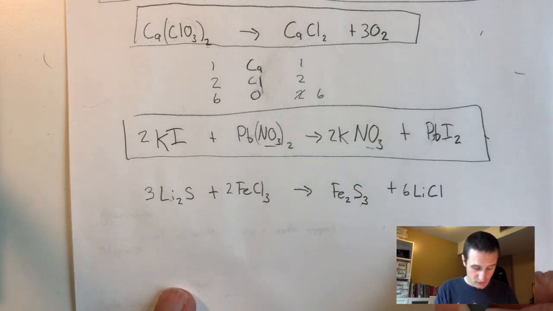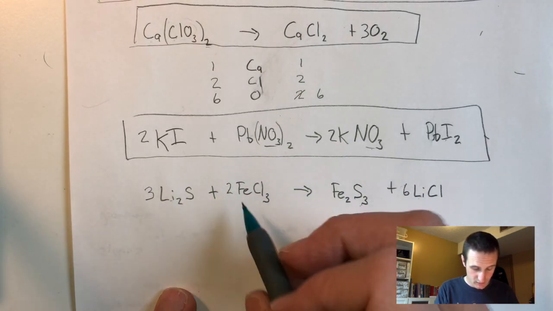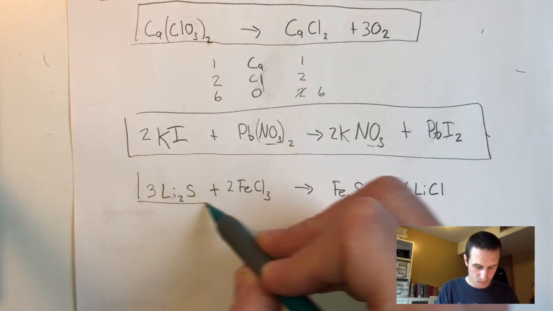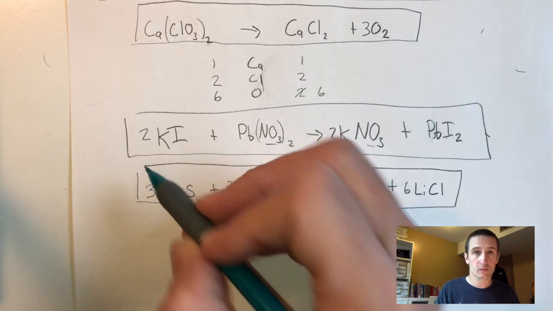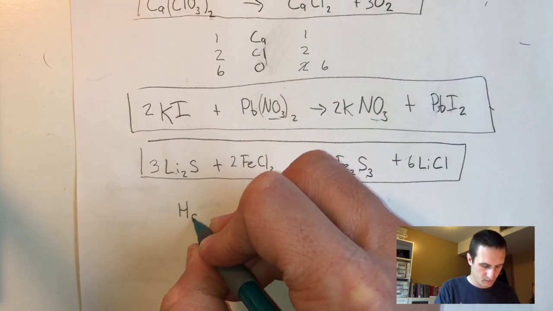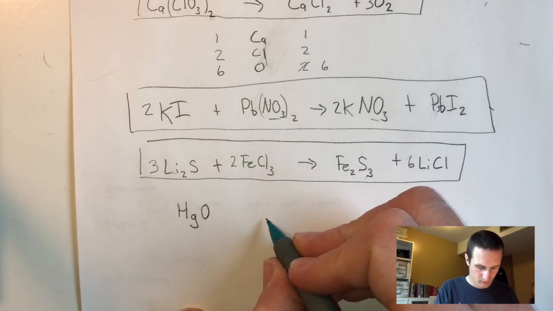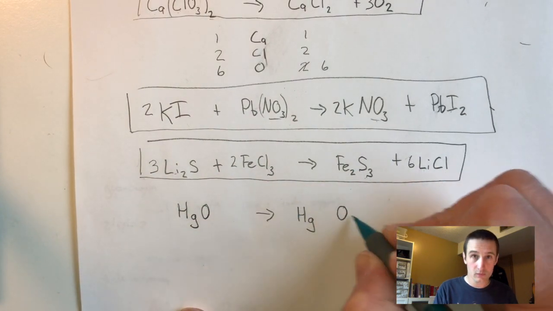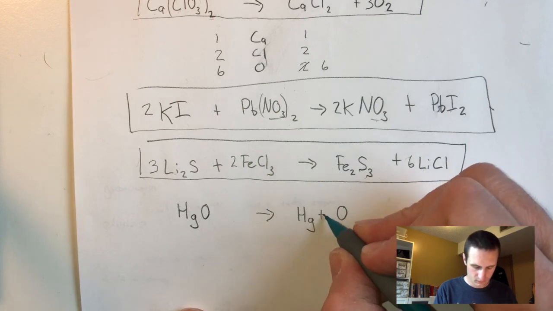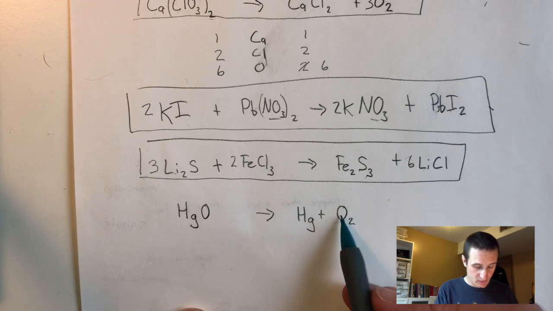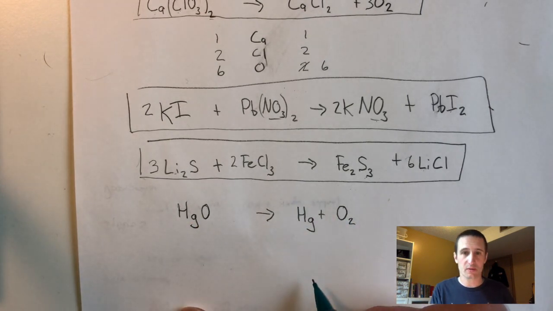And then 2 iron, 6 chlorine, 6 chlorine, balanced. A couple more to go. I think this is going to be a pretty easy one because I only have 2 different types of atoms.